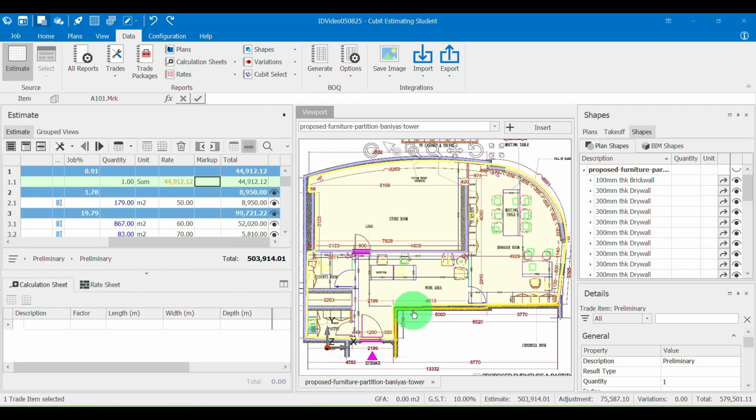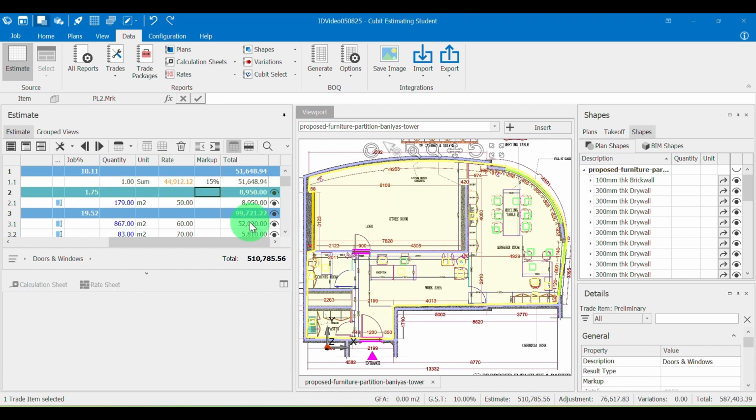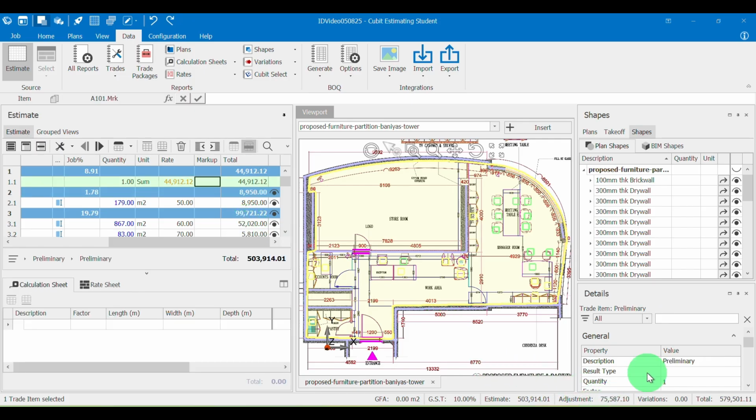There are two ways to include the markup for tender estimating in Kiwi software. The first one is typing the markup directly in the item, for example, 15%. Another way is to use the total markup for the entire project.